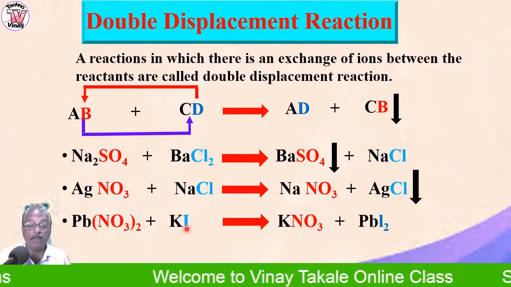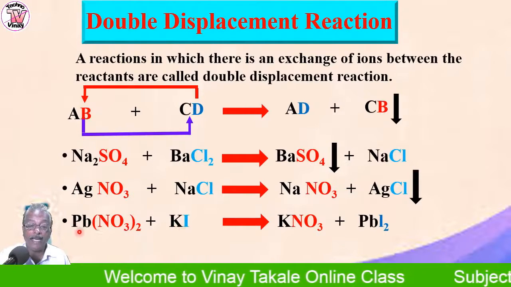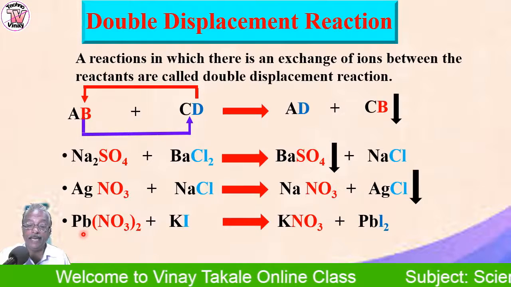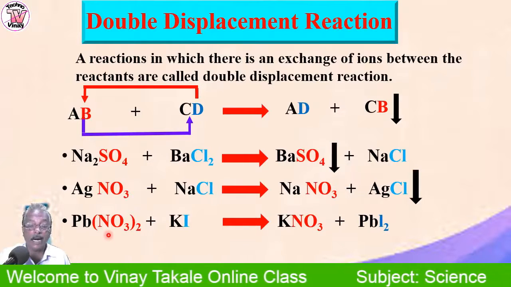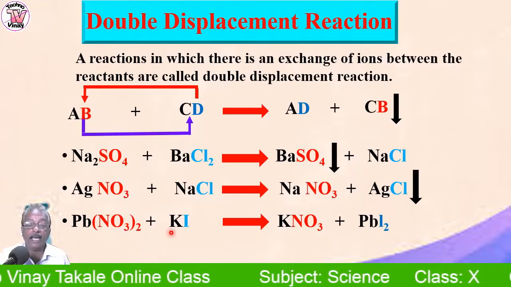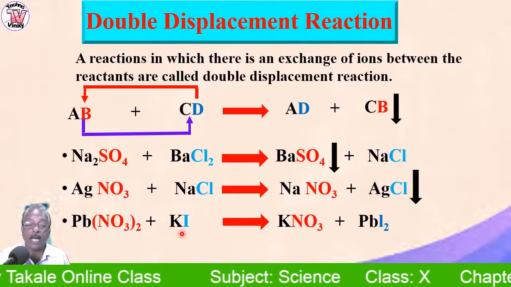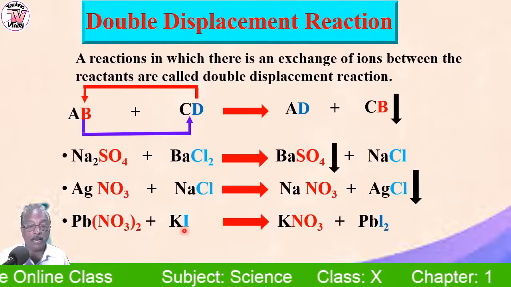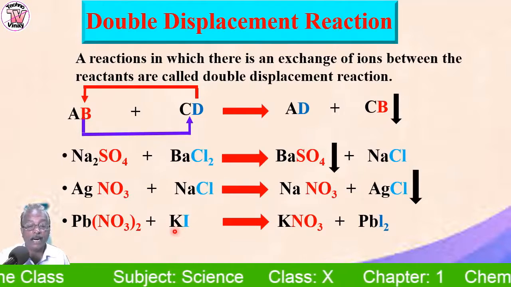Pb(NO3)2, Pb is lead, NO3 is nitrate, so the name is lead nitrate. K stands for potassium and I stands for iodine, so in combined form it is potassium iodide.